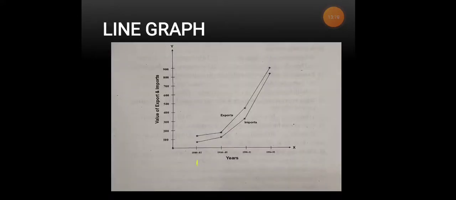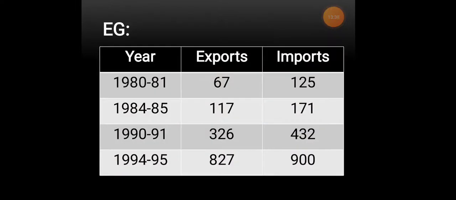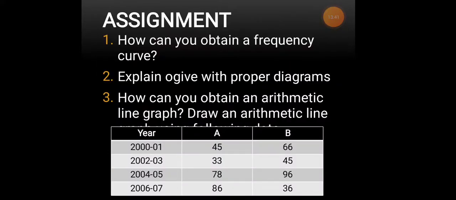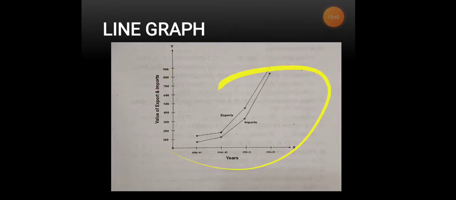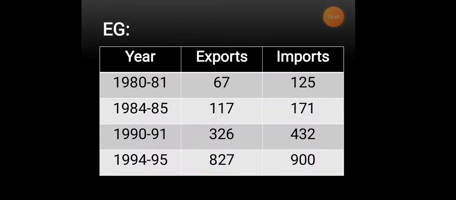So based upon this, the values I have taken are in 100s. 67 is here, and for the second value, imports, you take 125. Accordingly, for every year you take the same values. So this is known as the line graph. Based upon the values given, you can do the line graph.